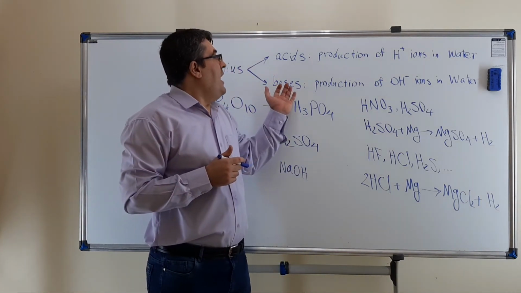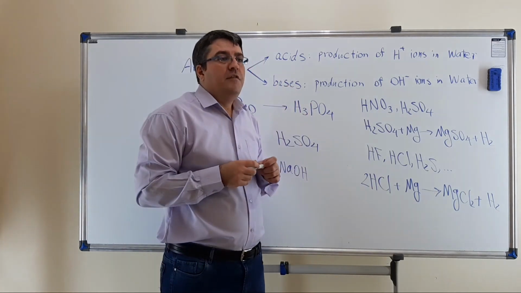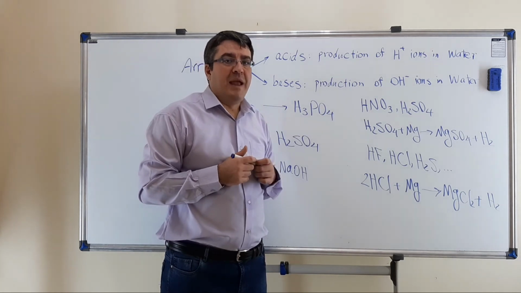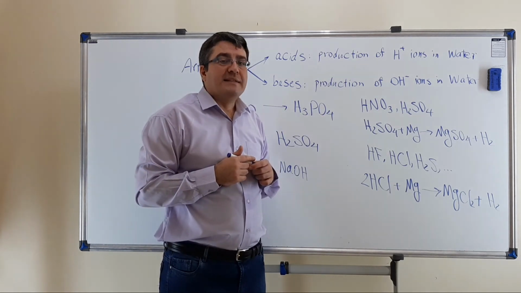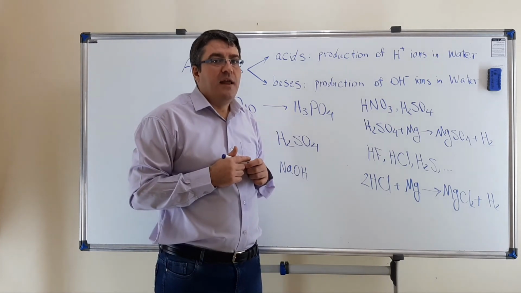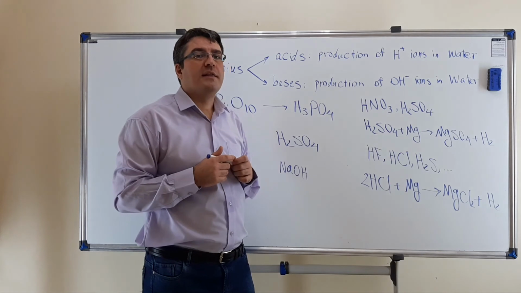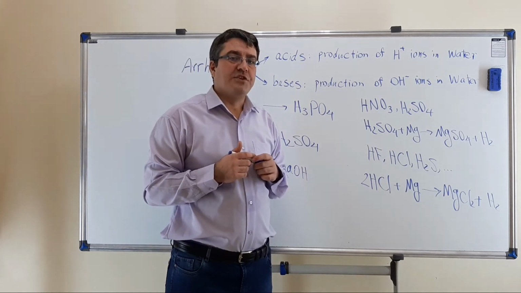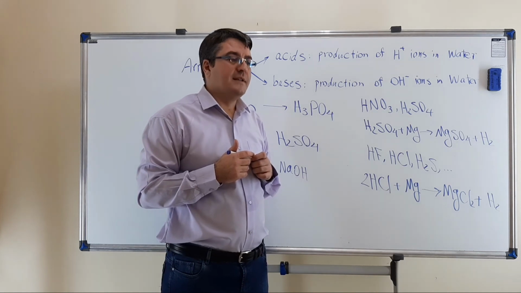Because of the limitations of the Arrhenius definition, we usually use other acid-base definitions, mainly the Bronsted-Lowry definition and the Lewis definition. I will talk about the other acid-base definitions and their comparisons in later tutorials.